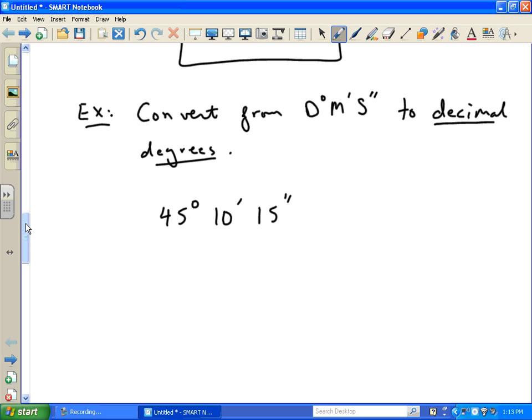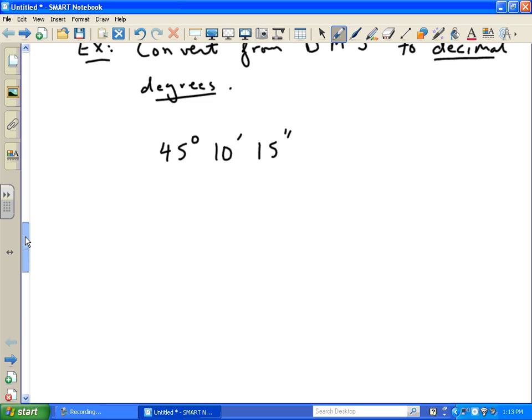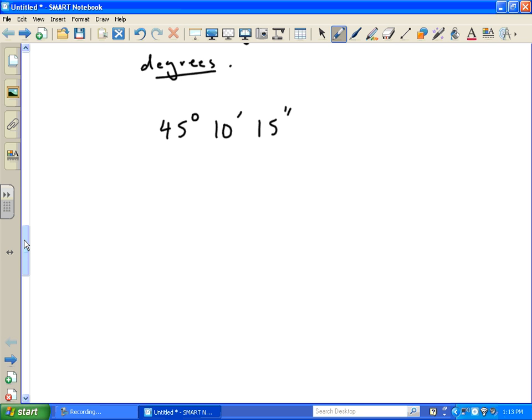Okay, on here, to do this conversion, we are once again going to break this up as a sum. Now 45 degrees, that is already in our desired unit measures. So we're going to leave that alone. Now we have plus, and we have 10. Now the symbol up above was minutes.